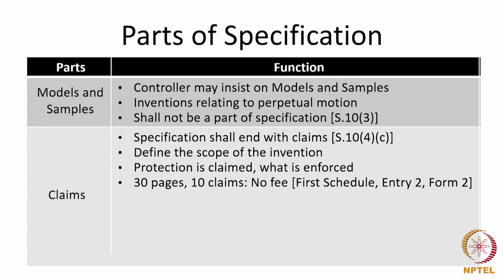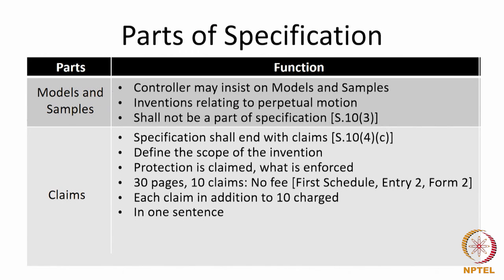So any claim more than 10 will incur an extra fee, and the specification length, the descriptive length shall be 30 pages. Each claim in addition to 10 shall be charged. The claim by convention is drafted in one sentence. We have already seen an example of that.